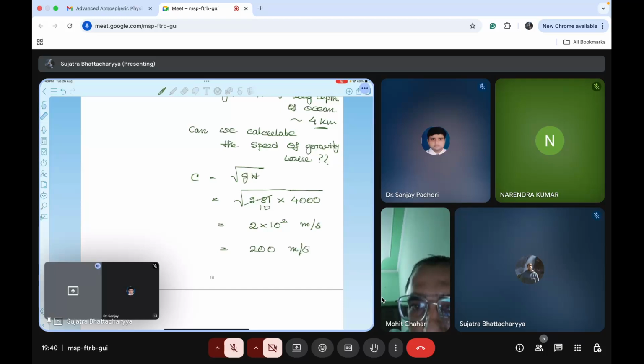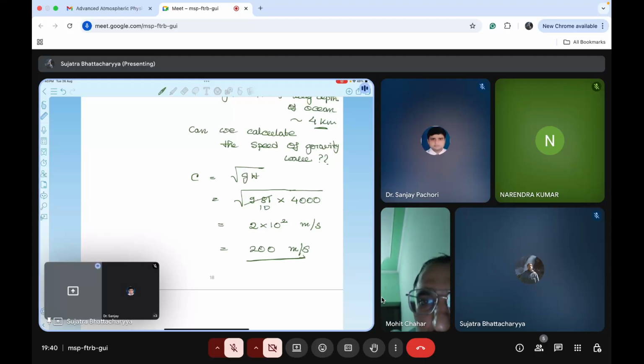So in general, if you have an ocean whose average depth is 4 kilometers, the surface gravity waves will have a phase velocity of 200 meters per second. Average means that in general it might not happen. It may shift. There are many locations where the depth is not 4 kilometers.